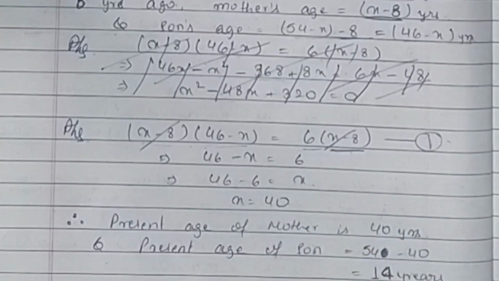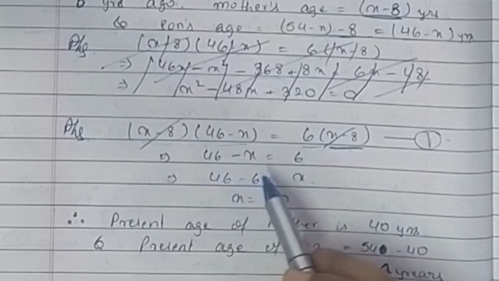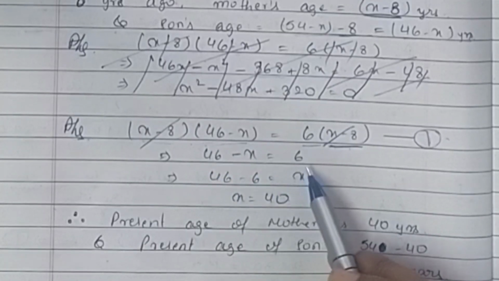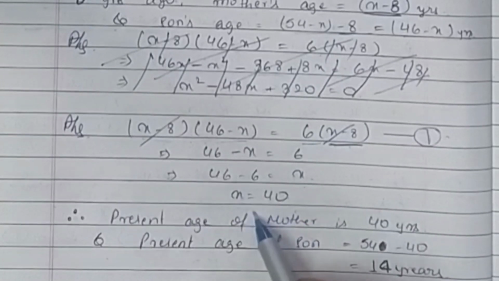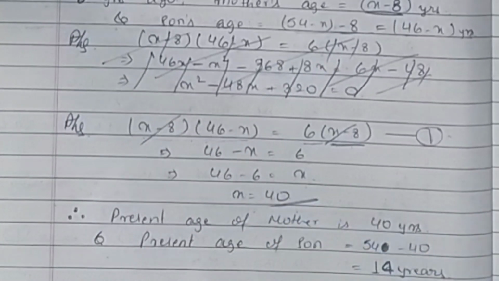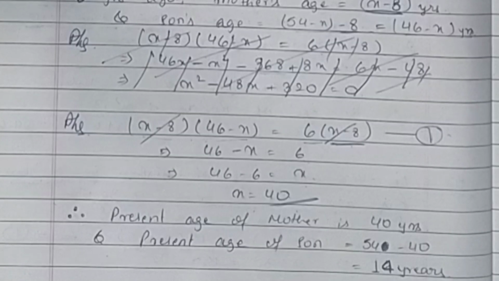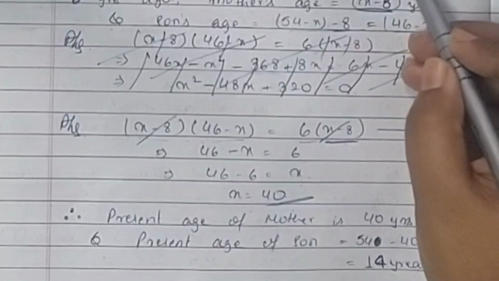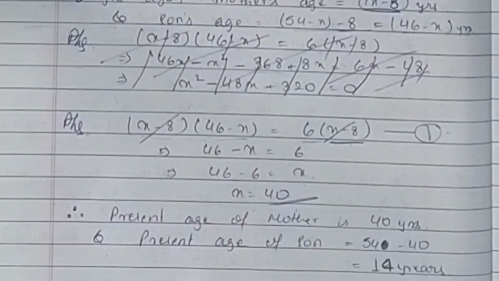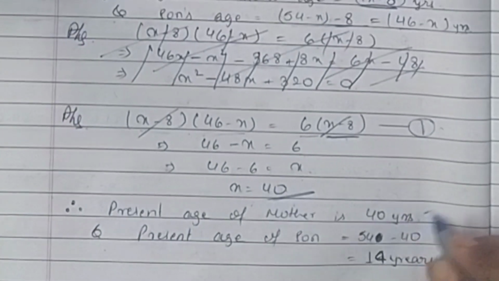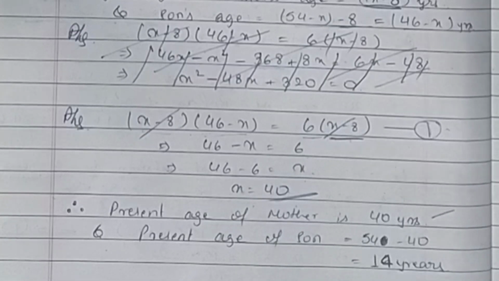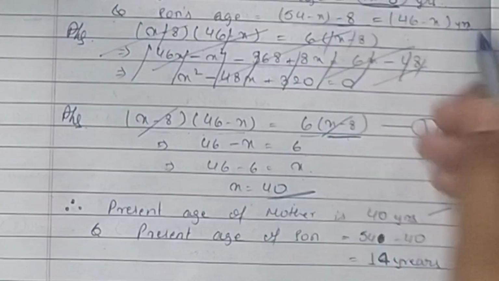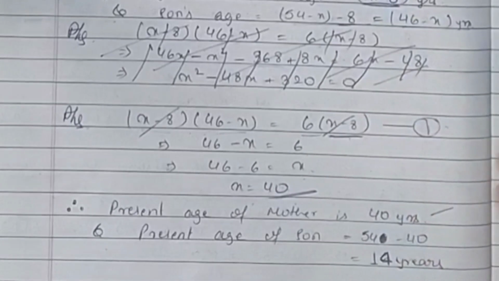So after cancelling it, we will get 46 minus x is equal to 6, and hence x is equal to 40. Now we have assumed present age of mother to be x, so hence present age of mother will be 40 years. Now accordingly, we have assumed present age of son to be 54 minus x.